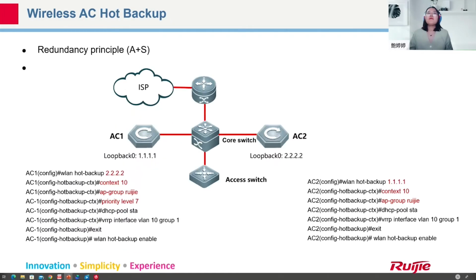The hot backup function means that in our topology we have AC1 and AC2, and they will have loopback addresses. Of course, we have to add the basic configuration such as VLAN and static route. The special configuration for the hot backup is like this.